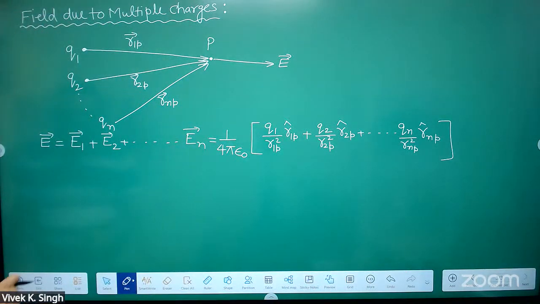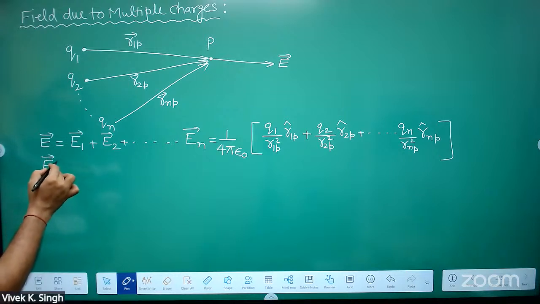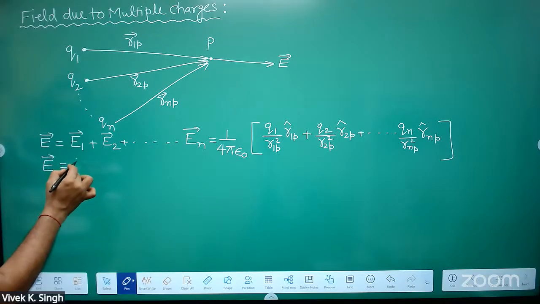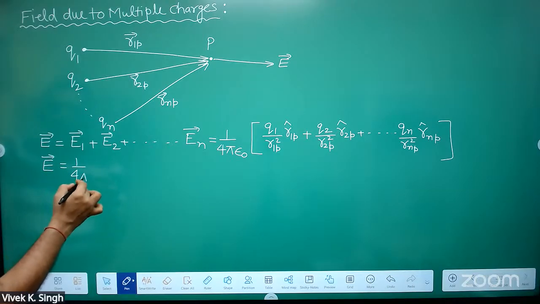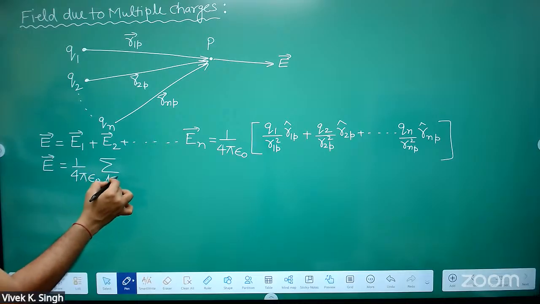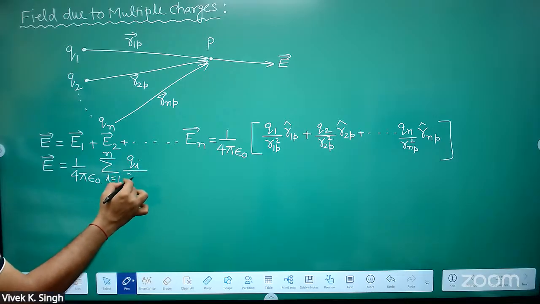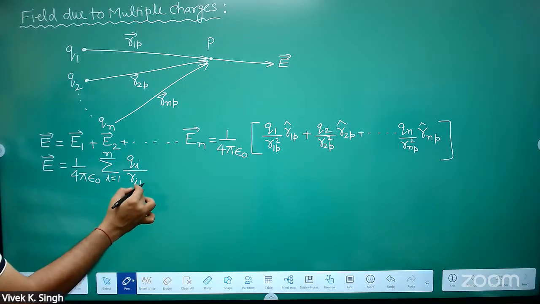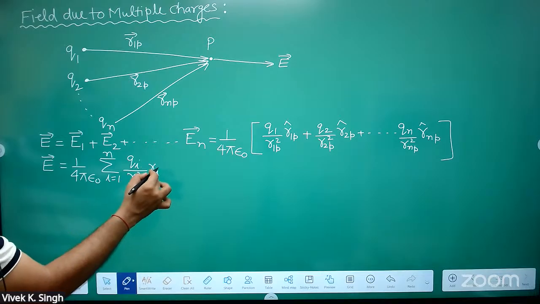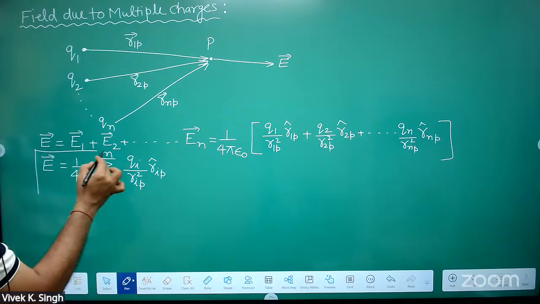And then you should write this electric field E as 1/4 pi epsilon naught, summation over i from 1 to N, Qi by RiP square, RiP cap. This is the resultant field.